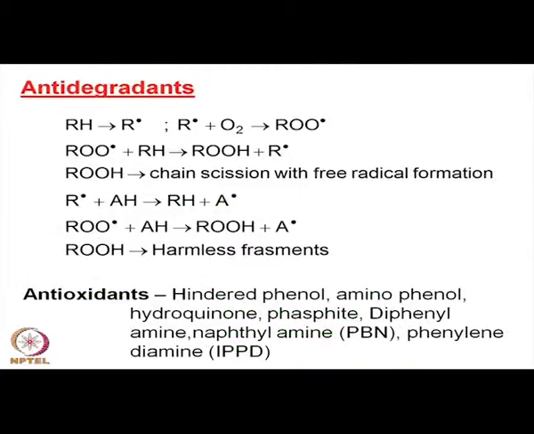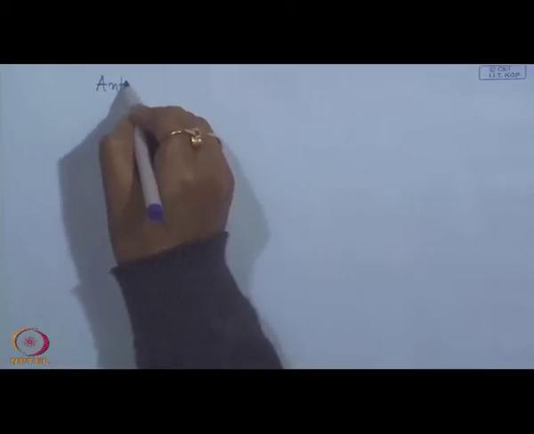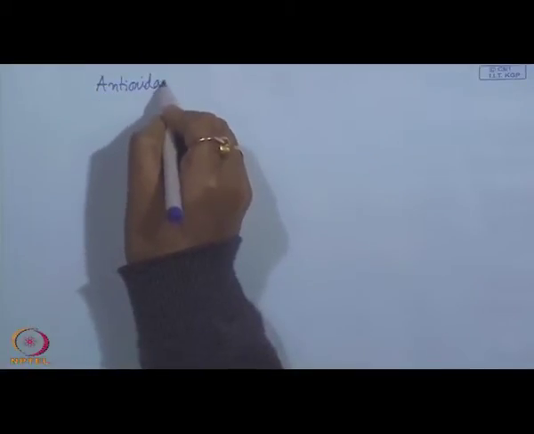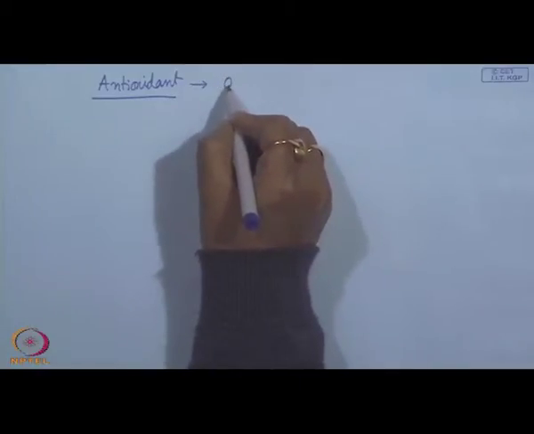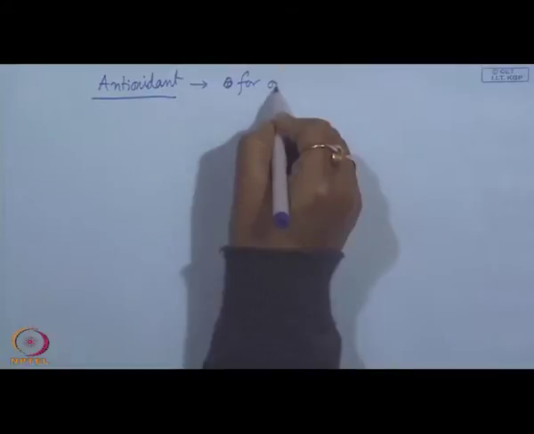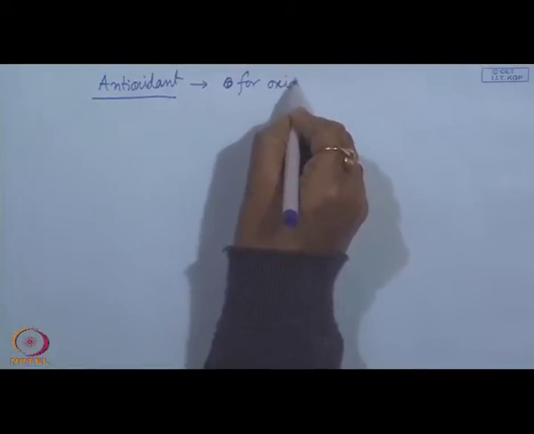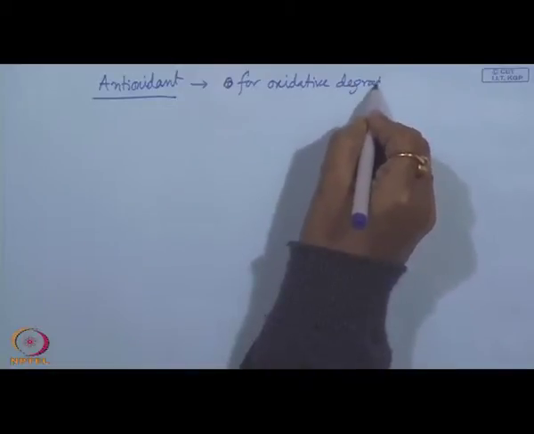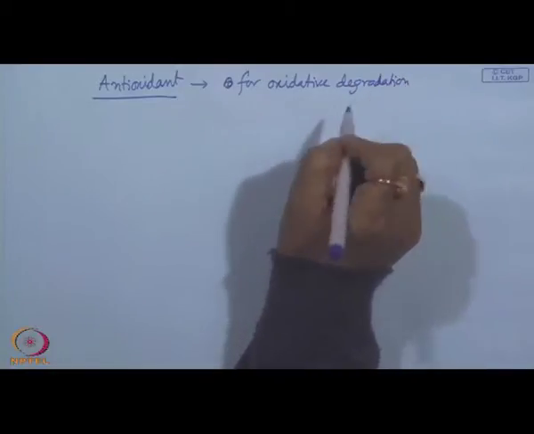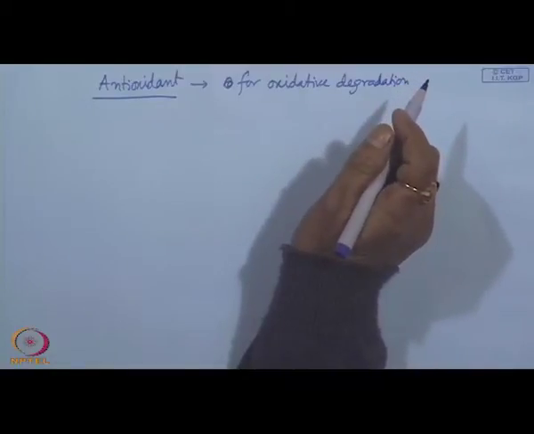Anti-degradants. Now, after the pre-vulcanization inhibitors, I mentioned that stabilizers are used. The stabilizers can be antioxidants if the degrading agency is oxygen, to prevent oxidative degradation of rubber products.